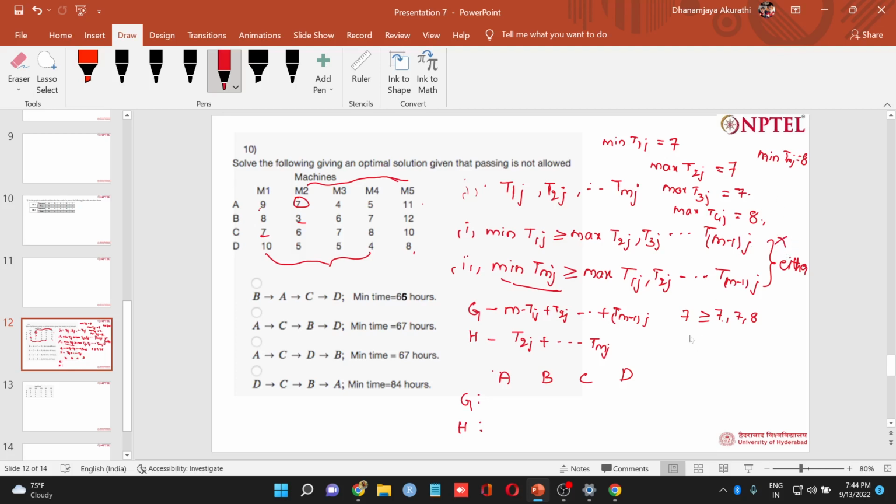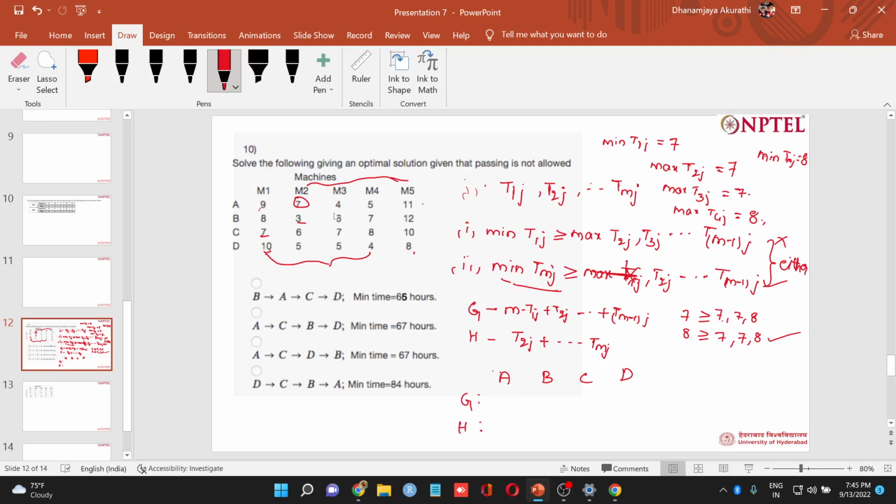The next condition is the minimum of TMJ, that is 8, greater than or equal to the max of T2J, T3J and Tm minus 1 J, which are 7, 7 and 8. Oh, sorry, here we do not consider T1J. So the second criterion is satisfied, and we can convert this m missions problem into the two missions case.